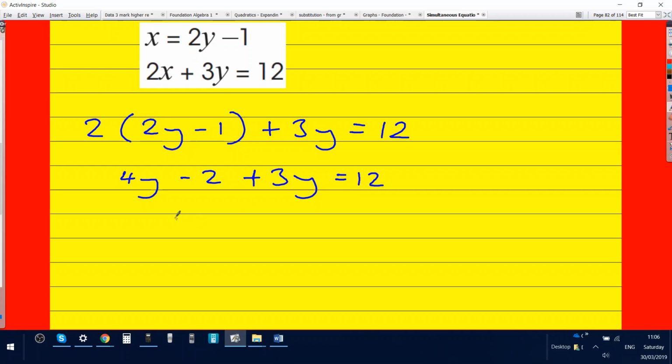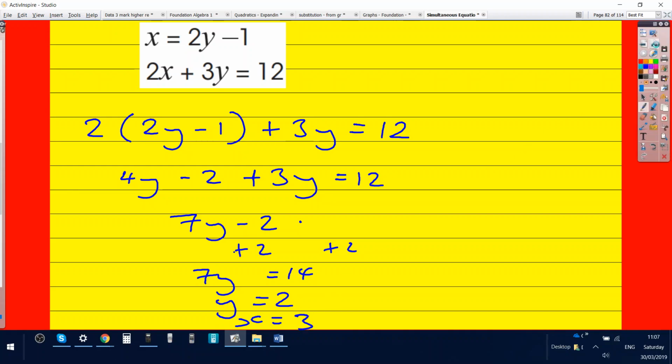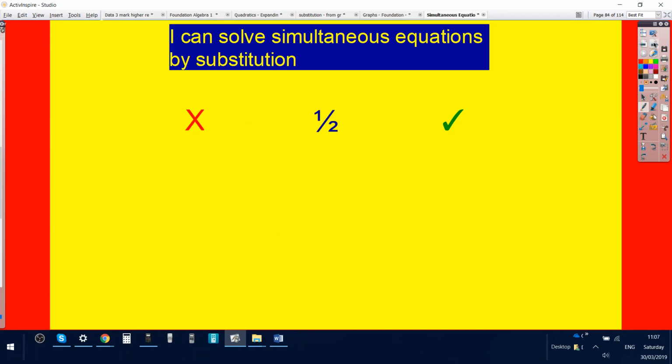So you have 7y minus 2, and you can plus 2 to both sides, so you have 7y equals 14, divided by 7, y equals 2, and then you sub in y into the first equation, so you get 2 times 2 is 4 minus 1 is 3. Well done.